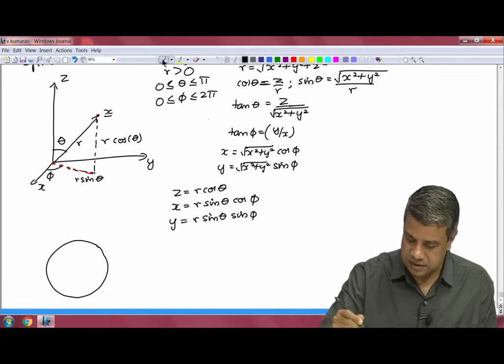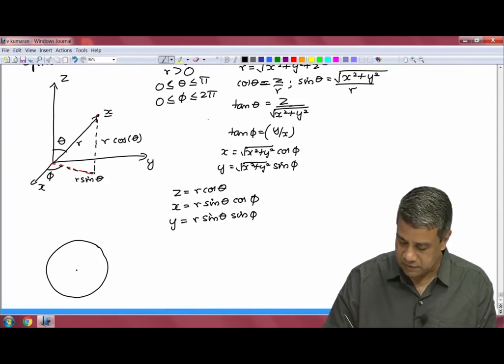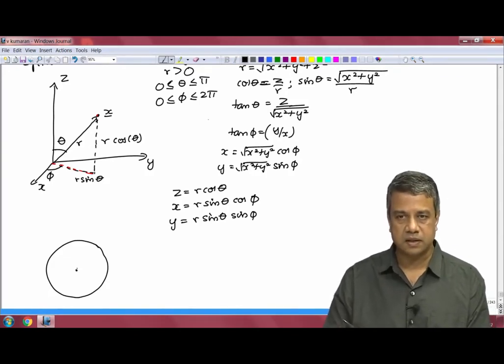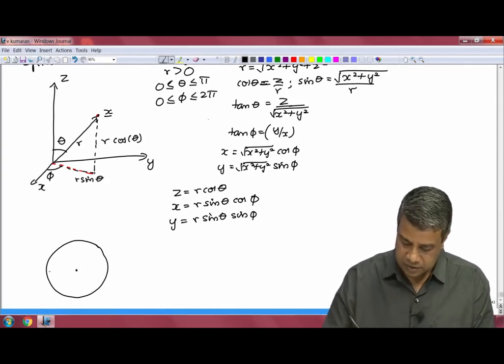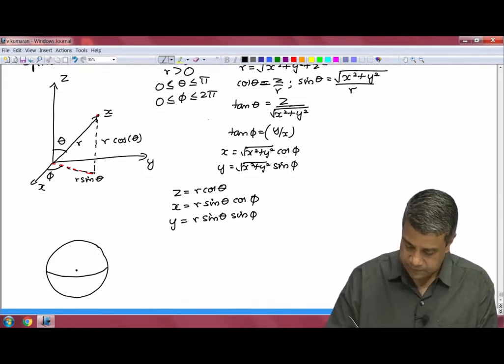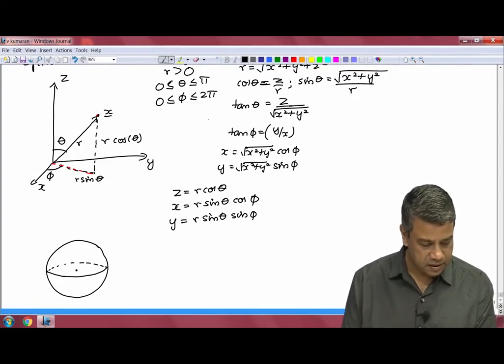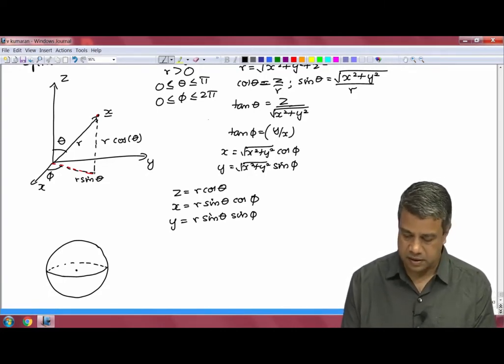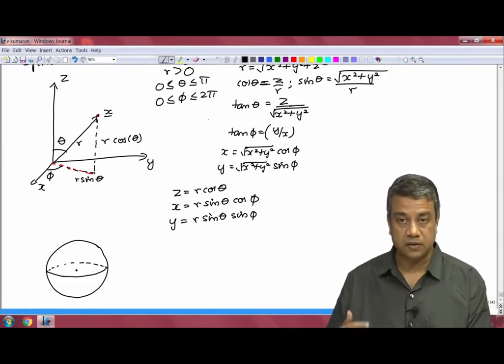And you all know the sectioning of this in the familiar example of the latitudes and the longitudes. So, for example, the equator is 0 degree latitude.